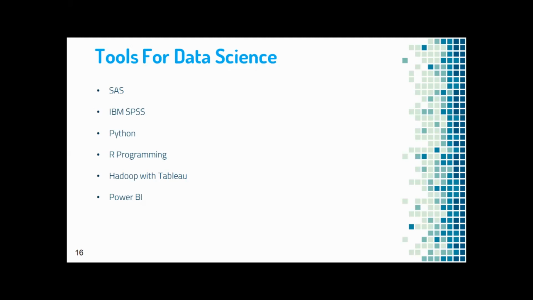So first is SAS, statistical analysis system. This is one tool that is used for analysis. Second one is IBM SPSS. SPSS is a tool from IBM that is also used for doing the analysis.